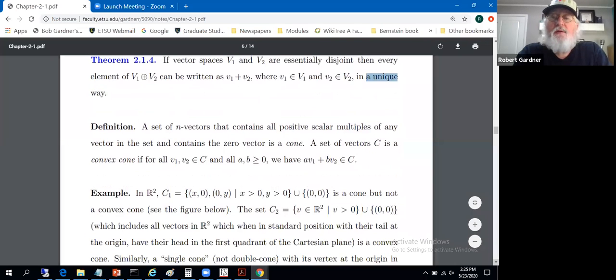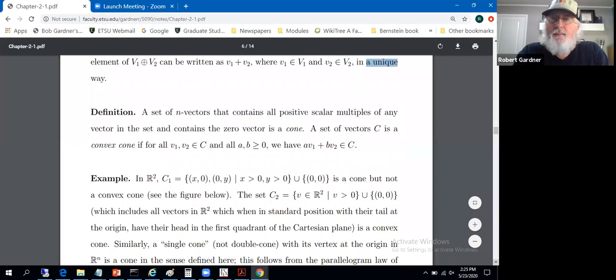I'm going to define some kind of geometric things here. So we're not going to deal with this a great deal, but let's go ahead and get the definitions out there. A set of n vectors that contains all positive scalar multiples of any vector in the set and contains a zero vector is called a cone.